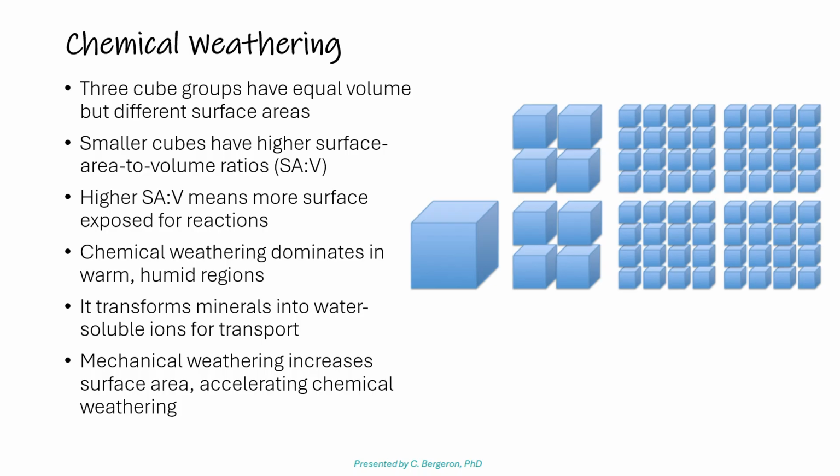Volumetrically, these are all supposed to be equal, but you see how this cube has 6 surfaces where it can be chemically weathered, coming into contact with water. But when you break this down into smaller pieces, you get an increase in the surface area, and therefore you're increasing the rate of chemical weathering.